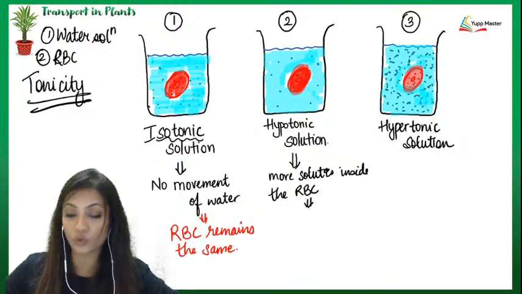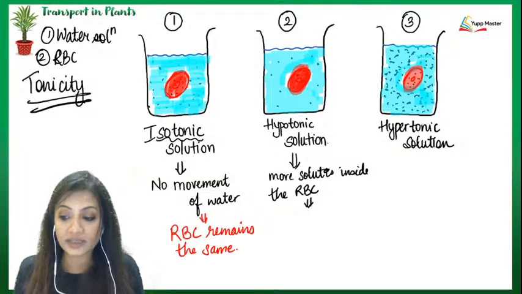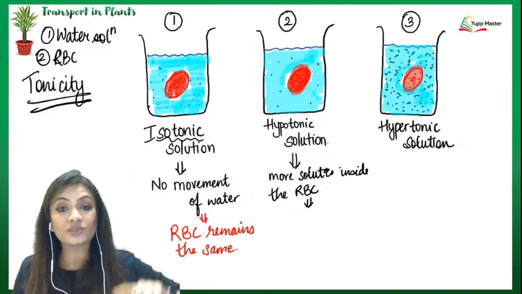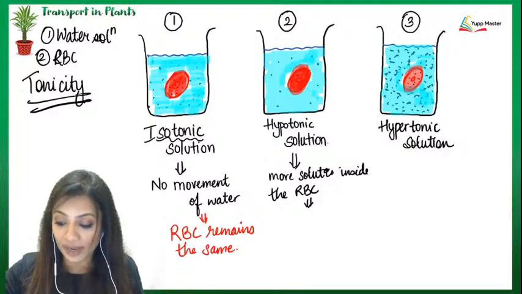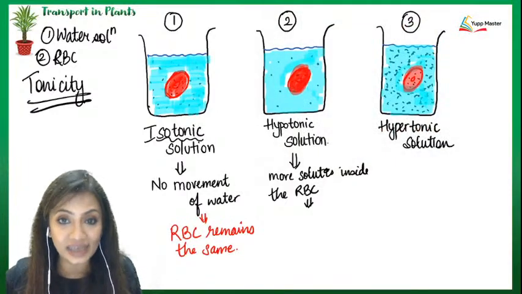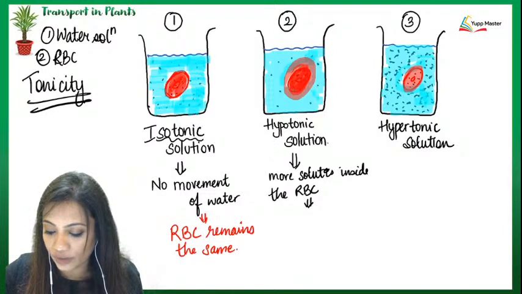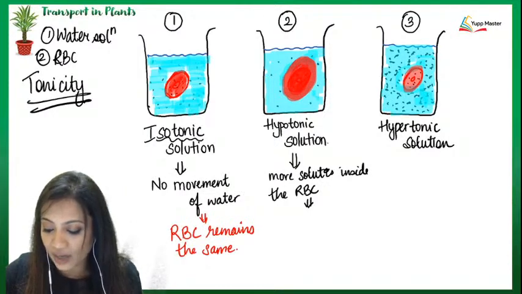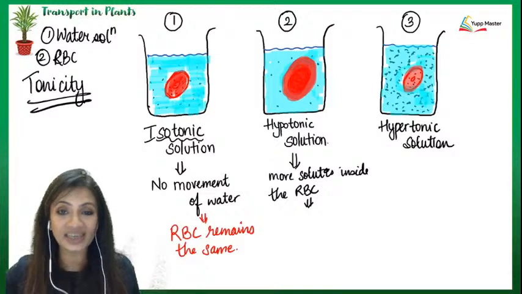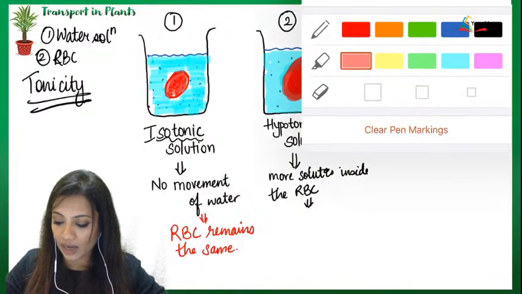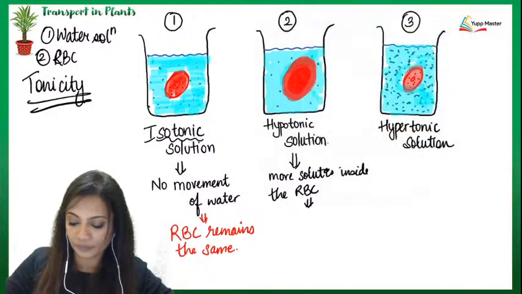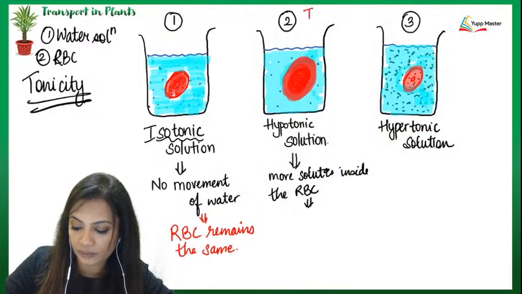So now, if there are more solutes inside the RBC, where is the water going to go? Water goes wherever there are more solutes. So naturally, water is going to go inside the RBC, and that will cause the RBC to enlarge. So we will see an enlargement in the size of this RBC, and it is said that the RBC is going to become turgid.